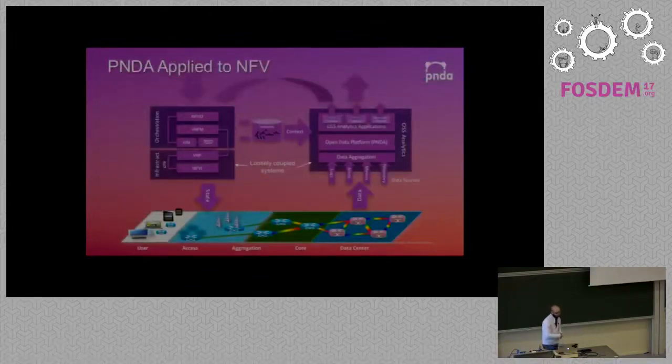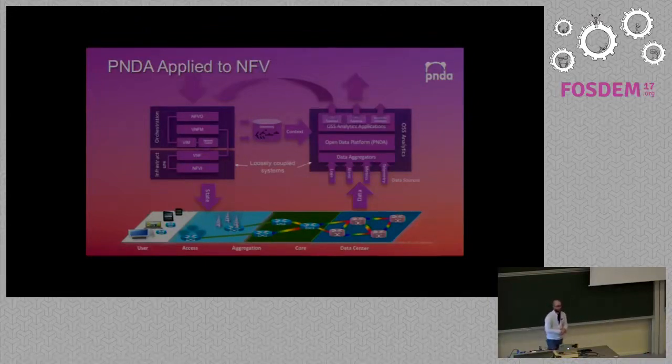So now I've just run through the platform. So you see that everything is available, and so we applied it first on NFV in order to really get more analytics on top of the network.